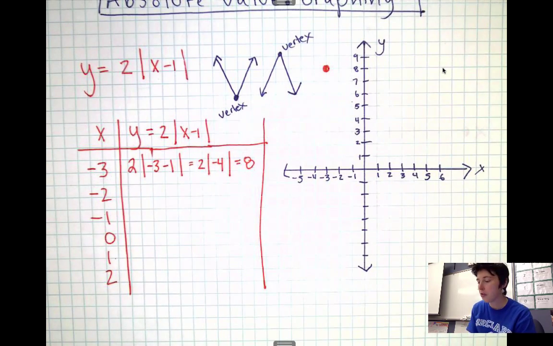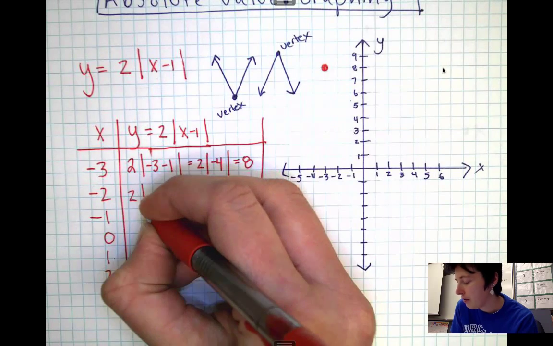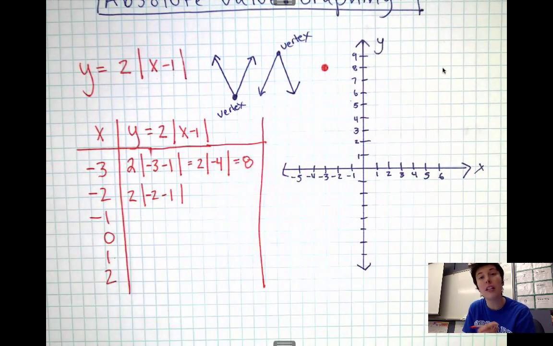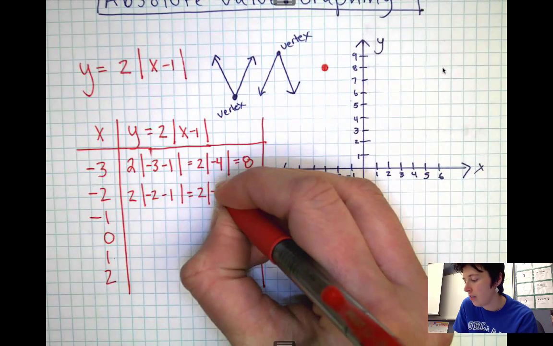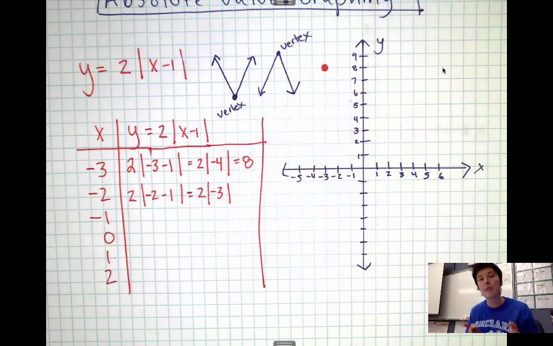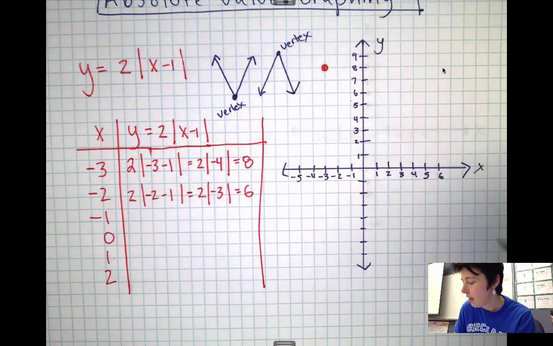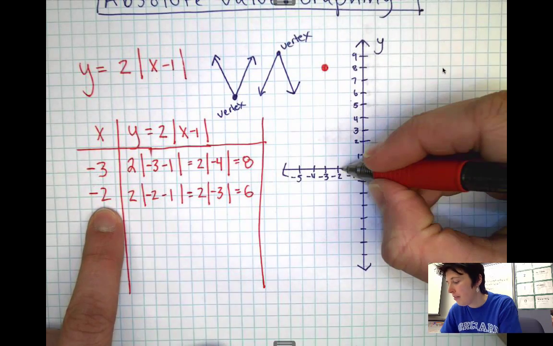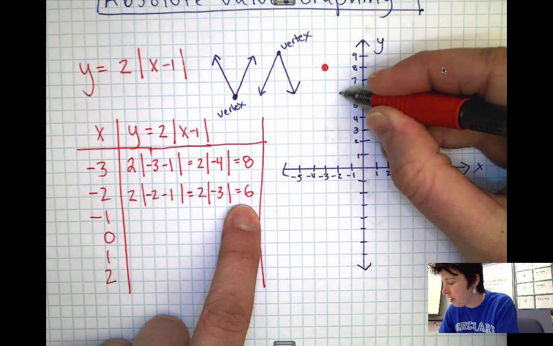All right, let's keep going through this process. Let's do -2. So 2 absolute value, -2 minus 1. Let's do that math. Well, -2 minus 1 is -3, so I have 2 absolute value -3. And since the absolute value of -3 is +3, 2 times 3 is 6. So now at -2 on my graph and up at 6, I have a point right there.